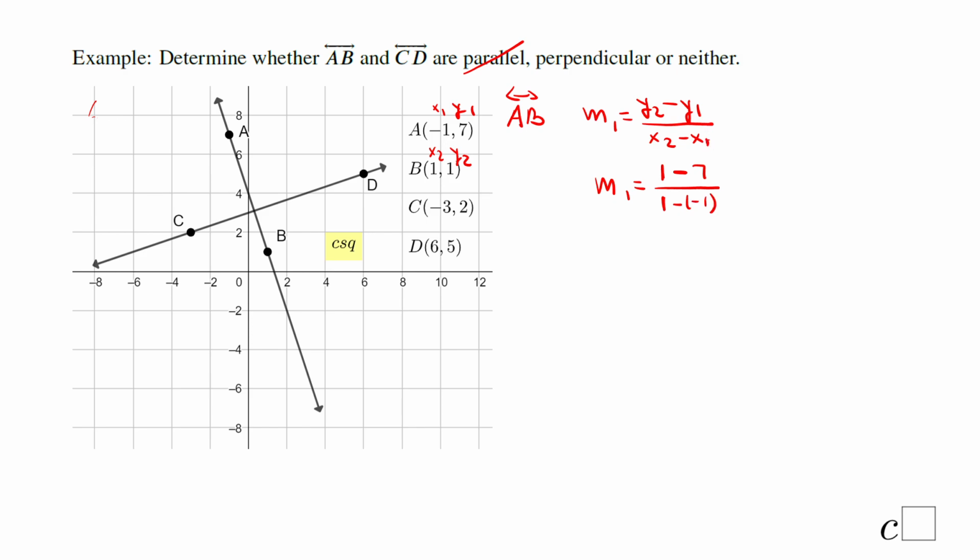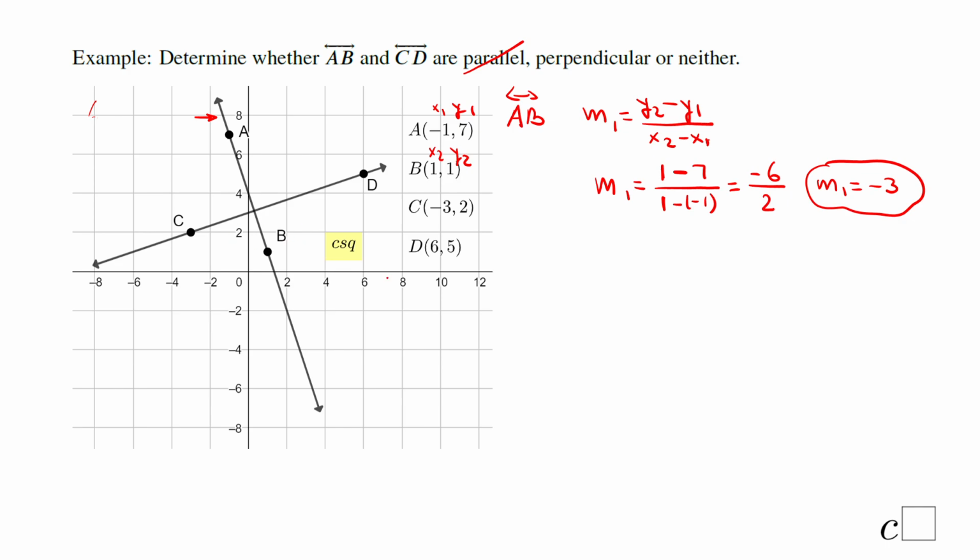So 1 minus 7 is negative 6, 1 minus negative 1 is positive 2. So this slope will be negative 3, which kind of makes sense. If you take a look at line AB, it's going down from left to right. We should get a negative slope.